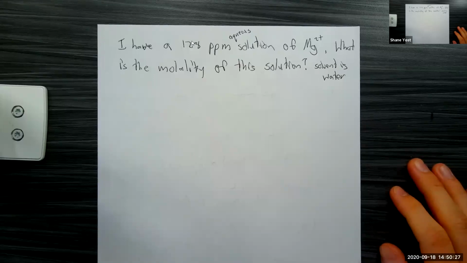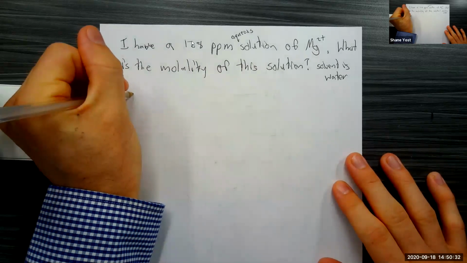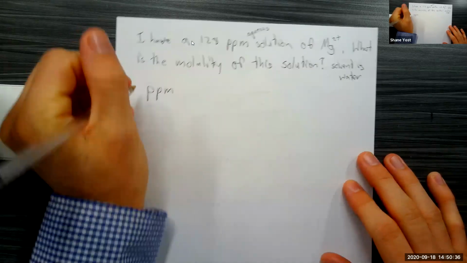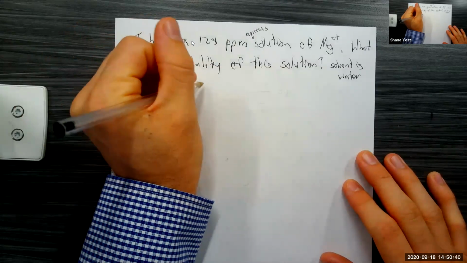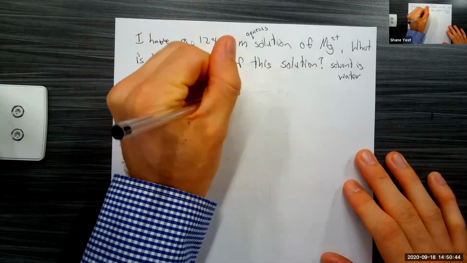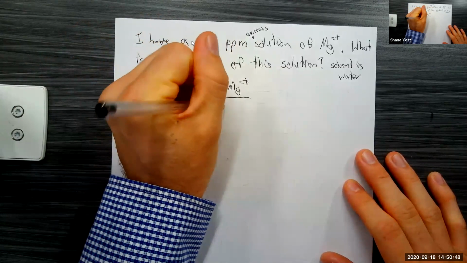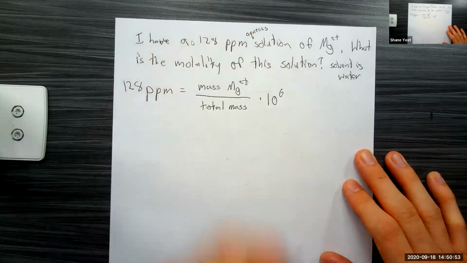So again, I start off and say, okay, what I know is the parts per million. I have 128 parts per million, which is related to the mass of Mg2+ over the total mass, times a million, 10 to the 6.